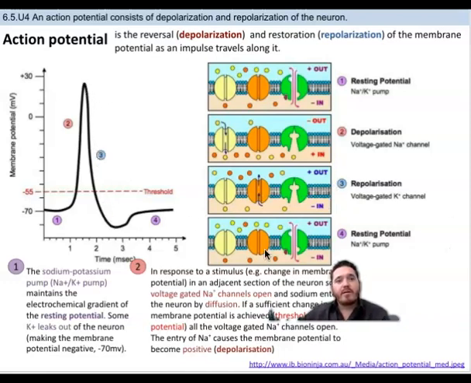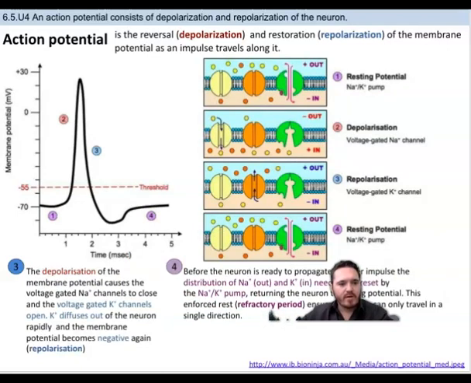And then it gets very, very negative, hyperpolarized, and there's a refractory period, which is actually important for making sure that the signal does not move backwards, so it doesn't move in the opposite direction that we want it to move in. I'll talk a little bit about that later. And then the resting potential is maintained once again by taking out 3 sodiums and bringing in 2 potassiums. And that is an active process against the concentration gradient.